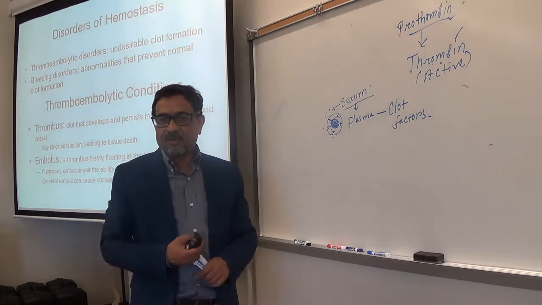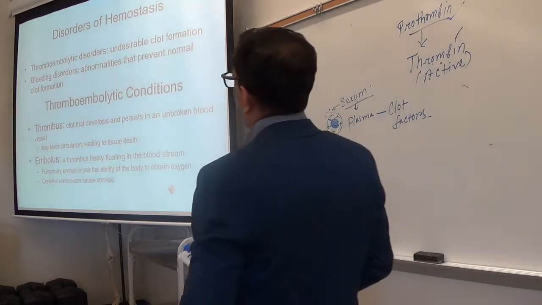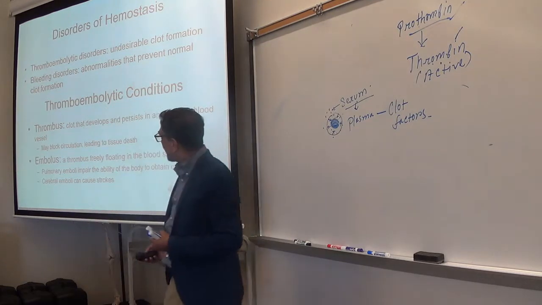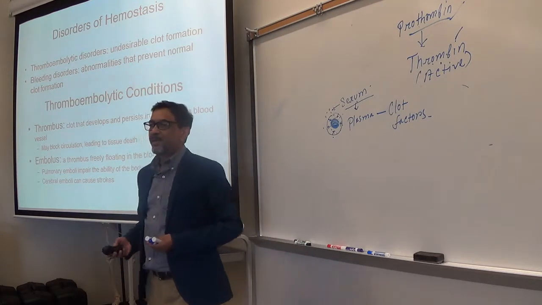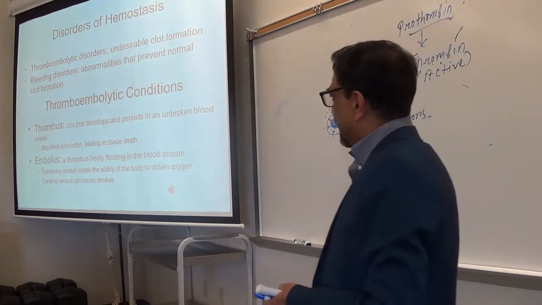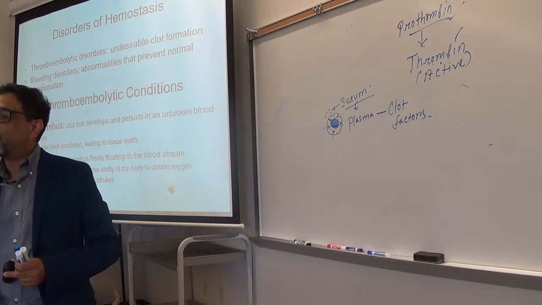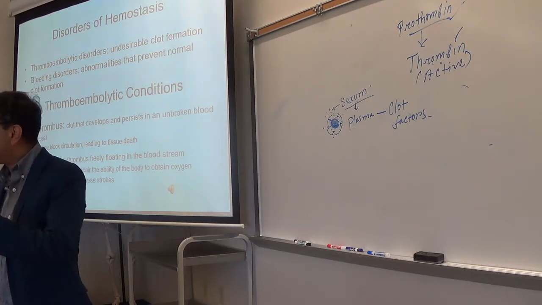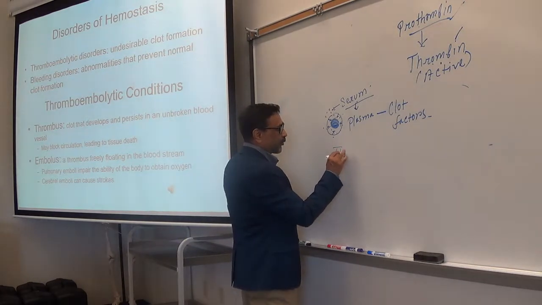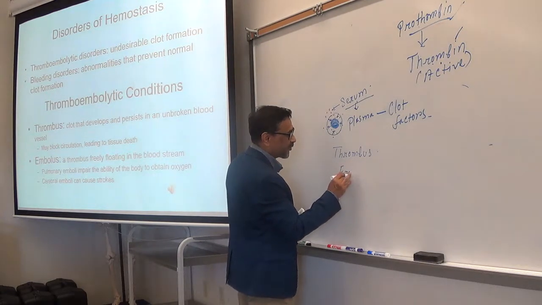Disorders. Disorders of hemostasis could be thromboembolic disorders and bleeding disorders. So those are two types of disorders of hemostasis. Thromboembolic has two parts, thrombus and embolus. That's why together called thromboembolic. So, thrombus and embolus.